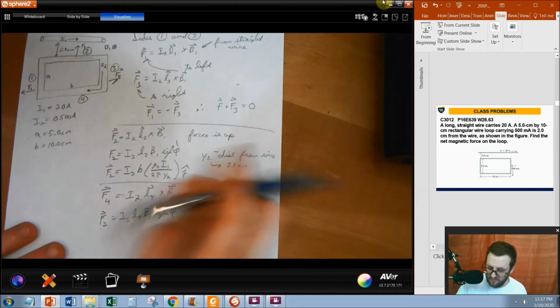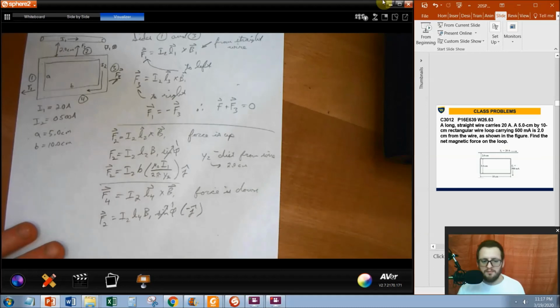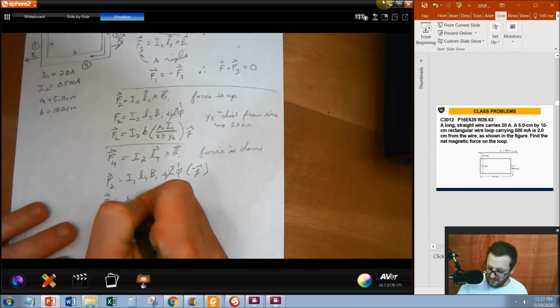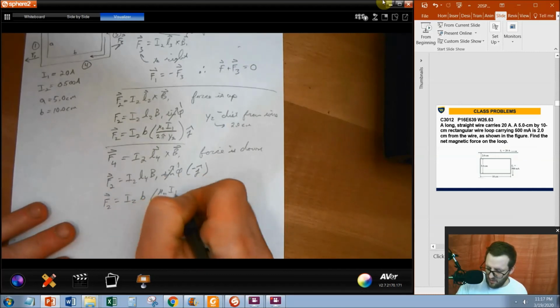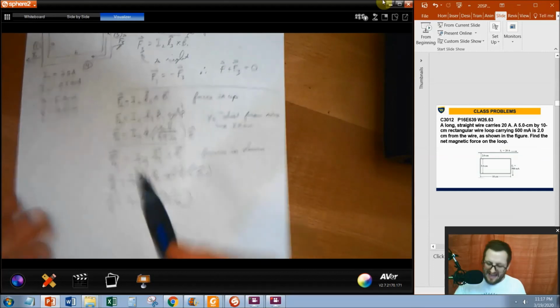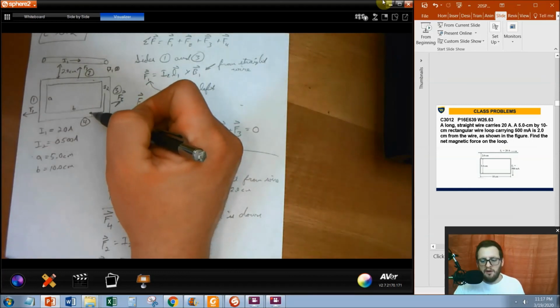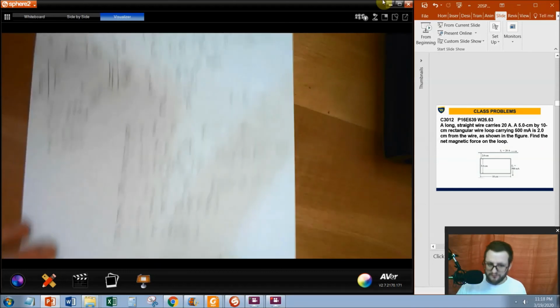That should be 1, not 0. And that is negative j hat because it's downward. So F4 is equal to I2 L4, which is b again, times mu naught I1 over 2 pi again, but now Y4, because we're at a different distance away from that wire. The field drops as you get farther away. The field here is less than it is here, so the force on this part of the loop is less than the force on this part of the loop.